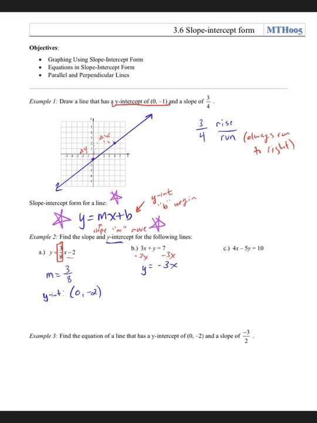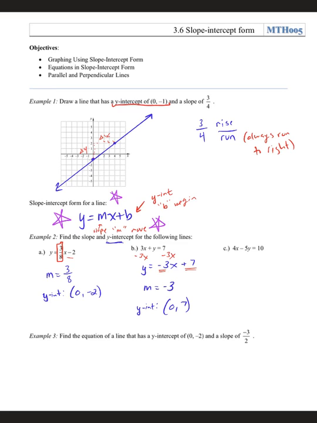I'm going to write the -3x first just to keep it in the slope-intercept form. The 7's positive, so just put plus 7. Now we have it in slope-intercept form. Now we can say, okay, there's our slope and here's our y-intercept. So our m is -3, and our y-intercept would be (0, 7).